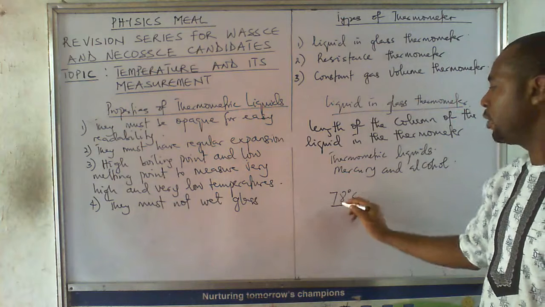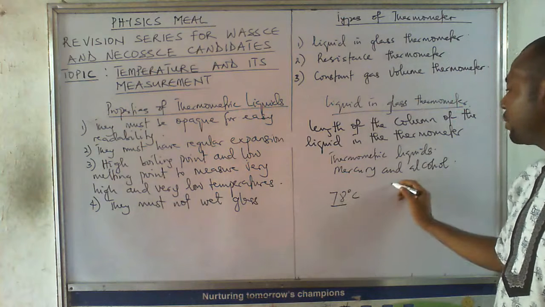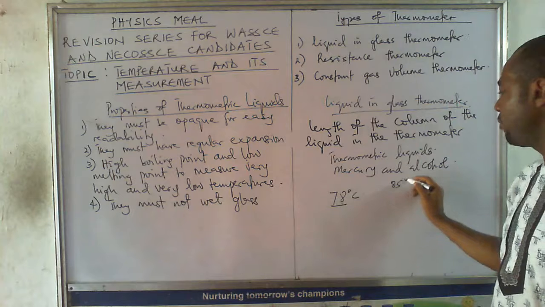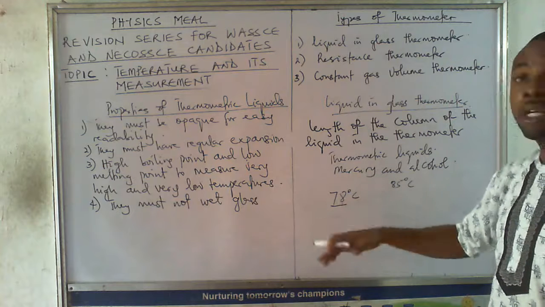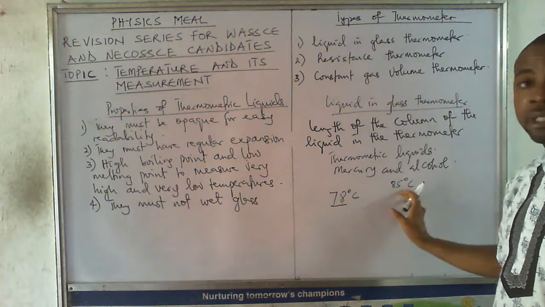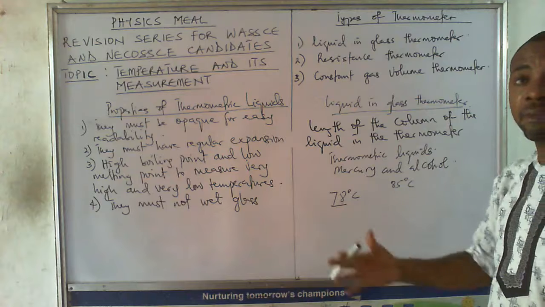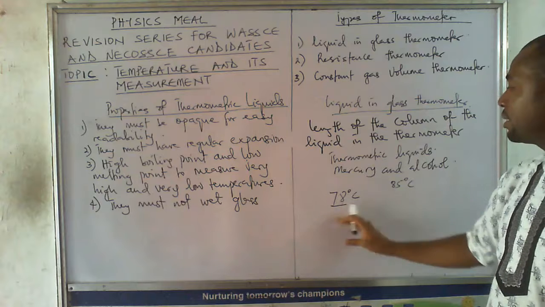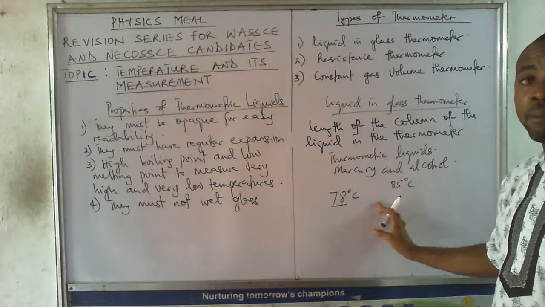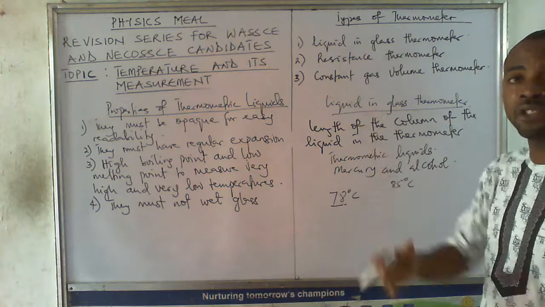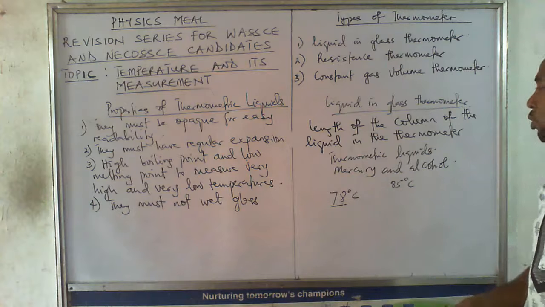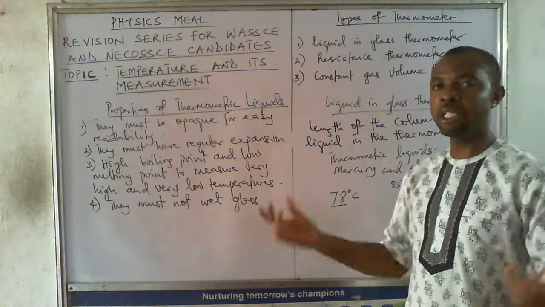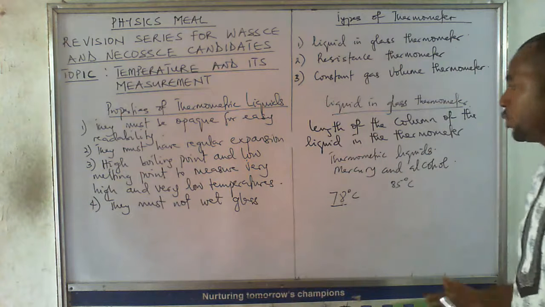It means that you cannot use alcohol to measure a temperature of maybe 85 degrees, because at this point the alcohol will do what? Evaporate. At 78 you have started boiling. By the time you exceed the boiling point, the alcohol will now be in vapor.